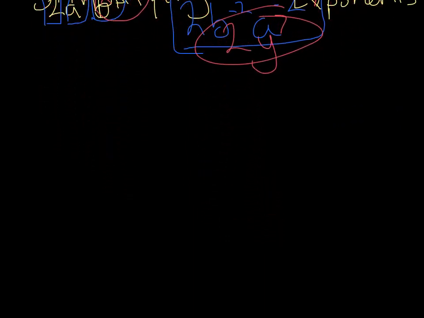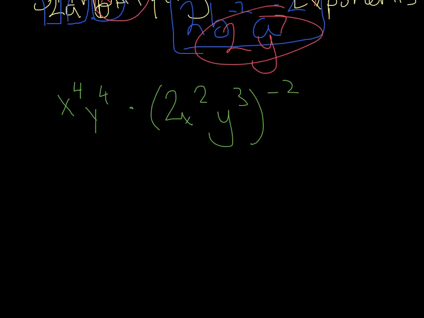And one final example. If we don't have the fraction and the division to help us just move it to one side of the numerator or denominator, but we do have that negative 2 exponent. That stays the same so far.